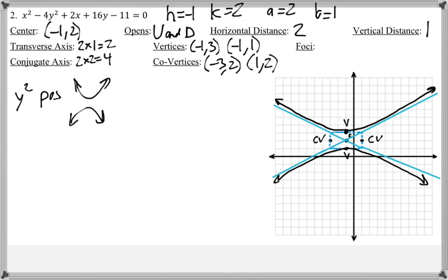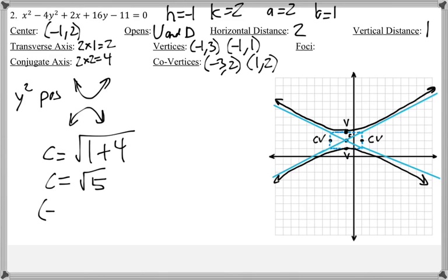Lastly, I need to find my foci. So the c is going to be equal to the square root of 1 plus 4. So c is equal to square root of 5. So my 2 points are going to be -1, comma 2 plus square root of 5, and -1, comma 2 minus square root of 5.